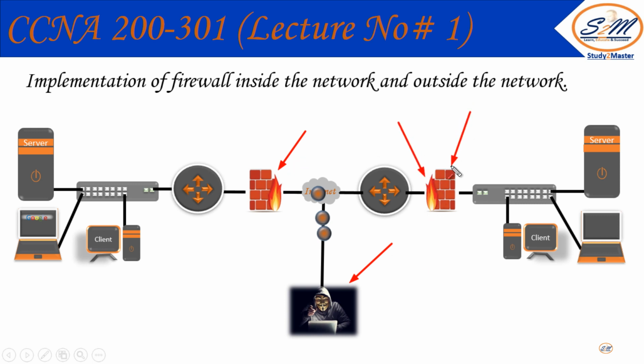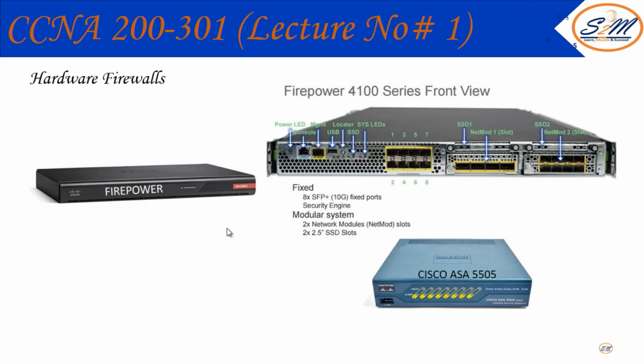This firewall we installed inside the network, and this one is installed outside the network. So these are the function and the usage of a firewall. And the beauty of a firewall is that it is used to prevent unauthorized access to the network. So let's go to the next slide.